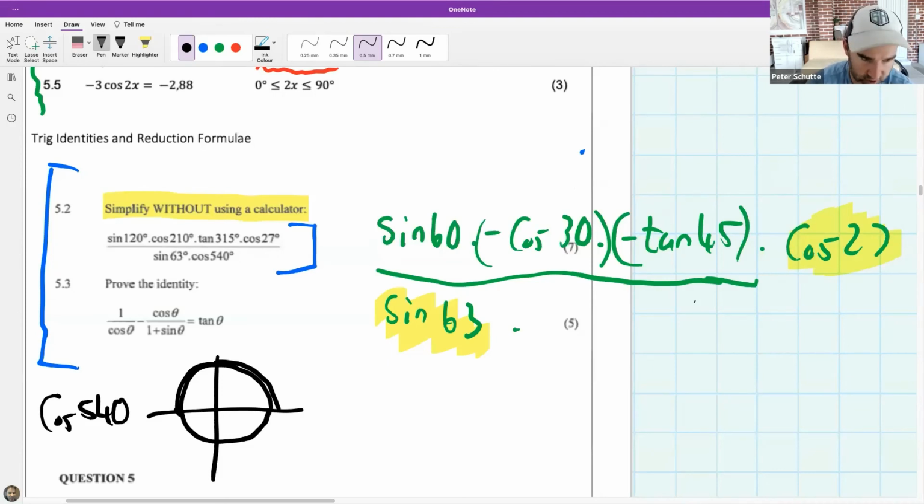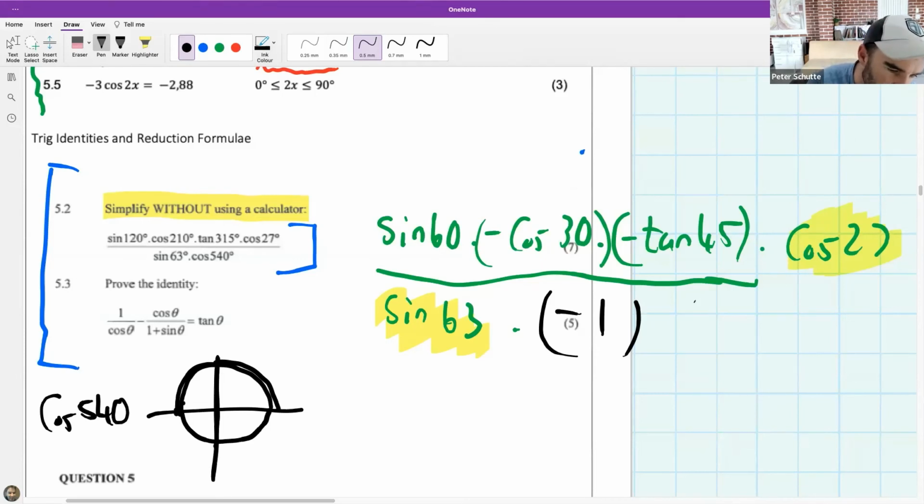You're not meant to use your calculator, but when it falls exactly on the axis, it's only going to have three possible values. It's going to be 0, -1, or 1. And there's no marks. You can get that value straight from your calculator. And because it is over here, the cos of 540 actually ends up being -1.